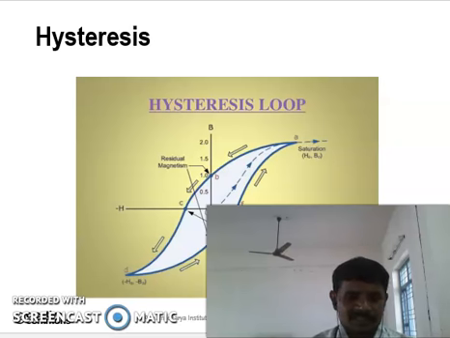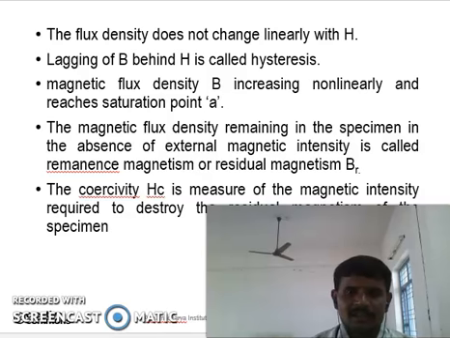So hysteresis is a phenomenon in which two quantities are related in a manner that one of the quantities, that is the B value, either increases or decreases with respect to the applied magnetic field. That is the B.H. hysteresis loop. The lagging of the B value behind H is called the B.H. loop or B.H. curve.